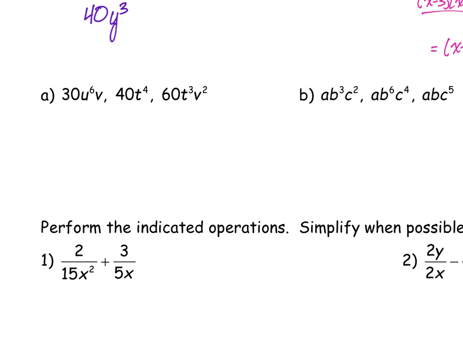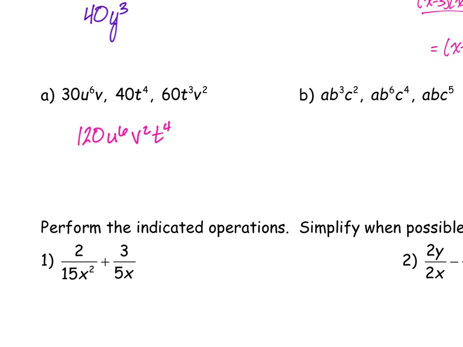So for A, the smallest number that 30, 40, and 60 go into is 120. And then u to the 6th, that's my smallest u. And v squared would be v squared. And t to the 4th and t cubed would be t to the 4th. There we go.